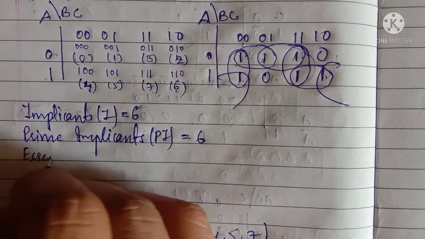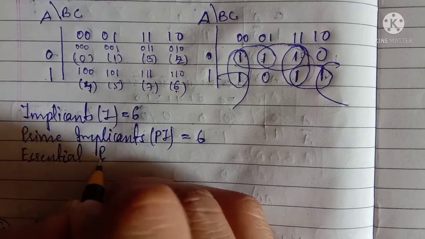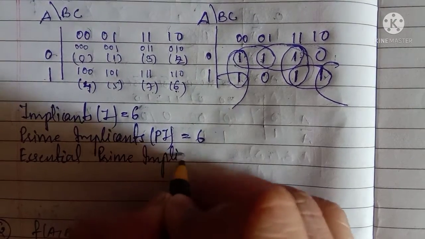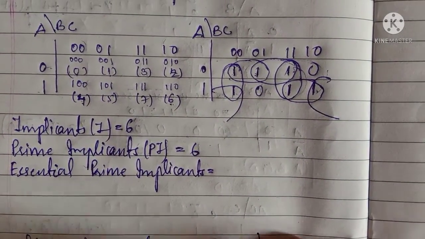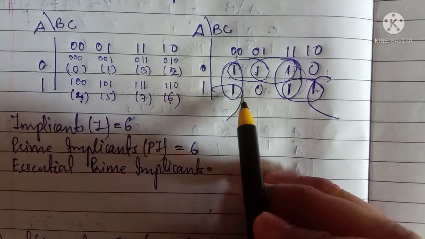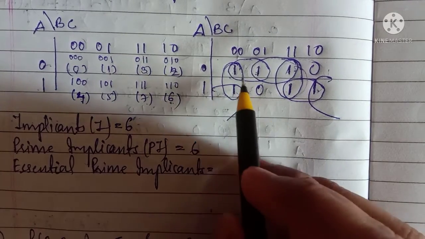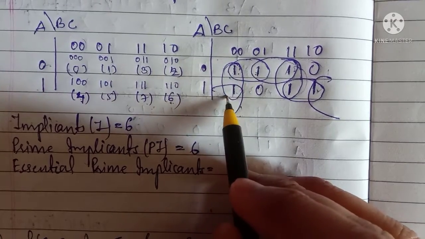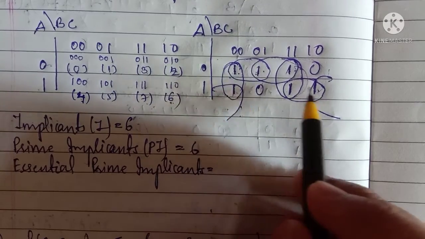Now what we need to find is the essential prime implicant. Essential prime implicant says that this is also part of a group, but suppose I made this group. If I break this group, this one can make a group with this, and this one can make a group with this.